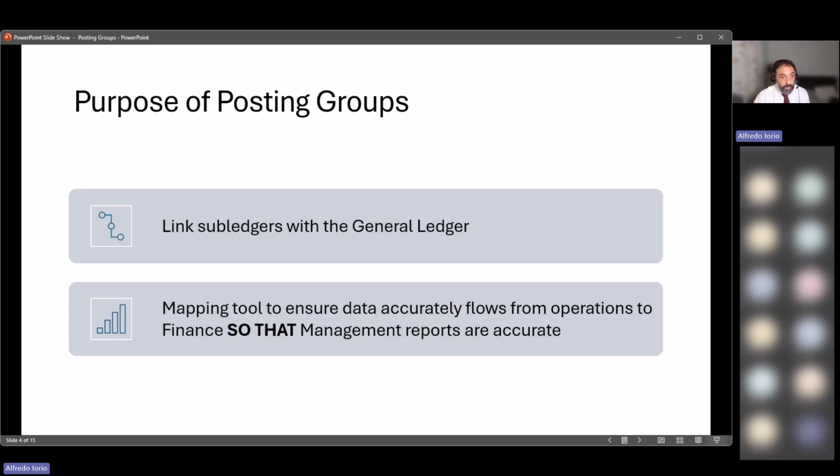So the purpose of posting groups then, the real reason why posting groups exist, is essentially for finance and accounting only. Posting groups essentially link subledgers with the general ledger, linking subledger to the general ledger.